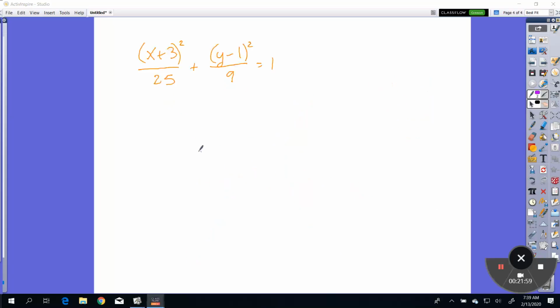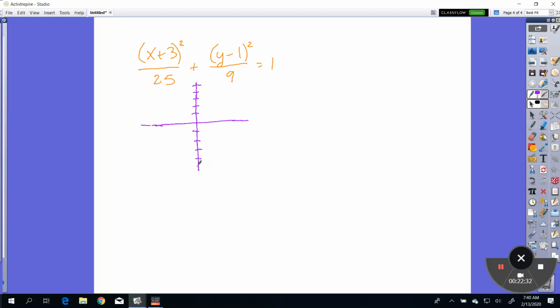So there's another one to try. So what's this one?